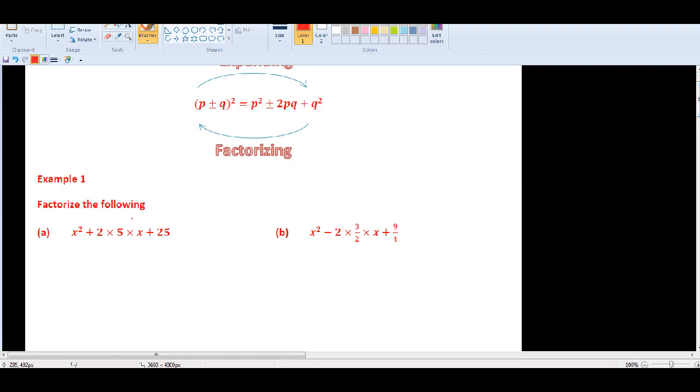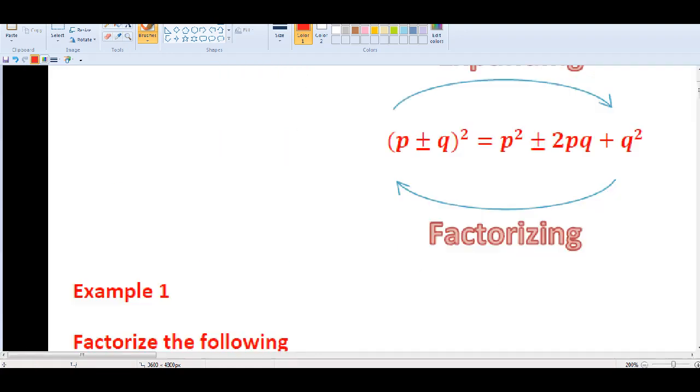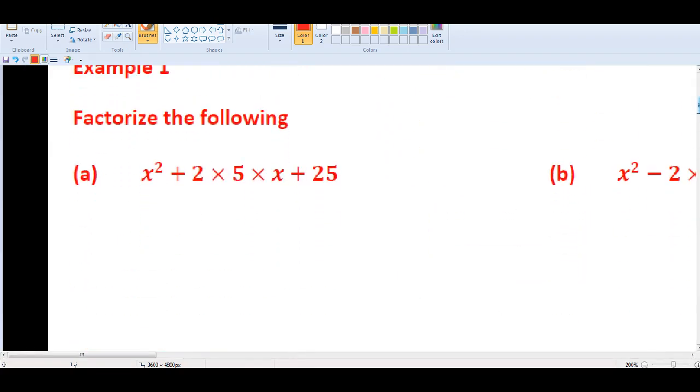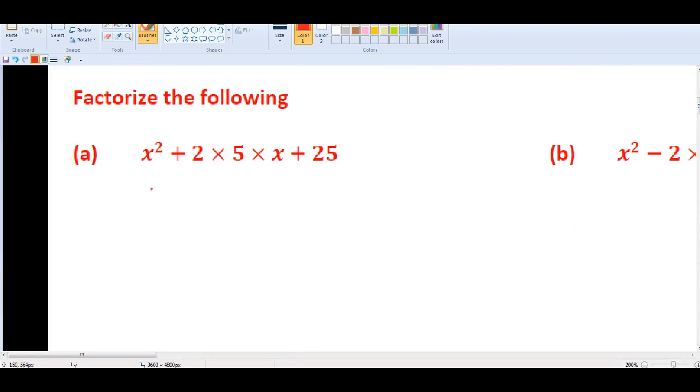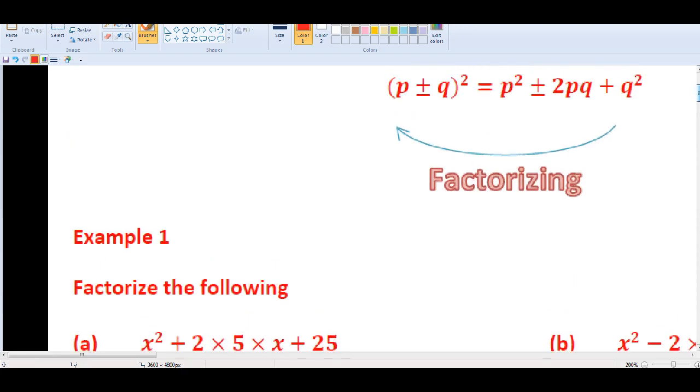So if you can see, the first term is x squared, so it's x squared plus 2 times 5 times x plus, the last term is 25, so it's 5 squared.